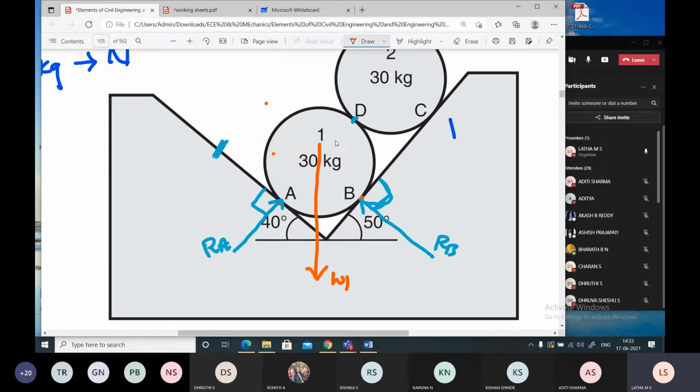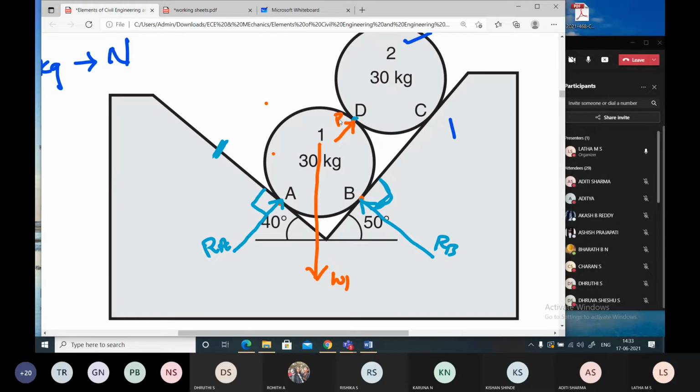Don't worry. I'll drop it as RD here, because it is in contact. If you draw a line here, it has to be perpendicular to the plane of contact.